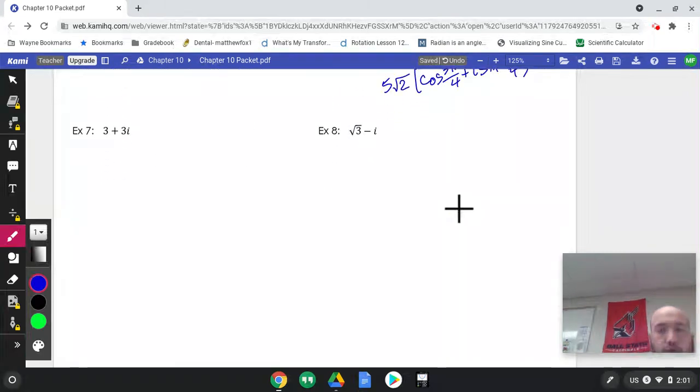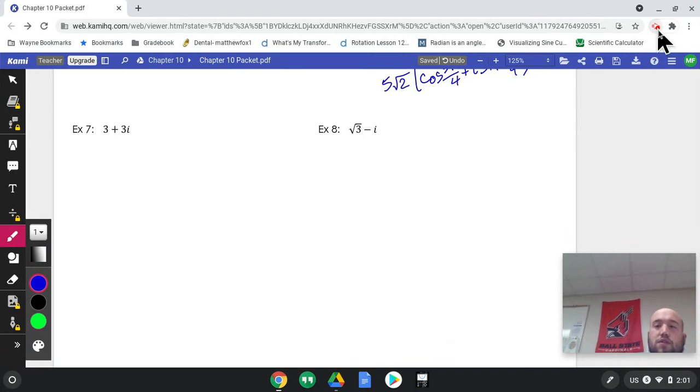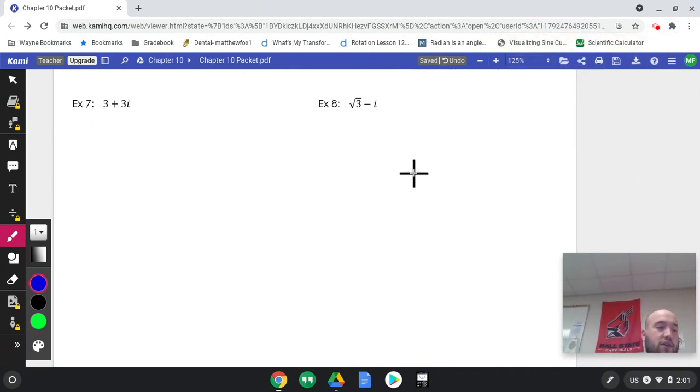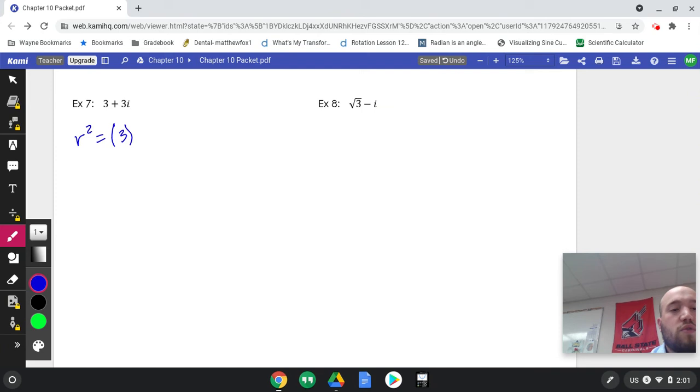All right, 2 more. Let's see how long this is getting. So, okay, I'll go ahead and do these quick. So first thing, r squared. So both of these are positive 3. 9 plus 9, which is 18. Take the square roots of both of those. That breaks apart. 9 times 2, 3 times 3 times 2.